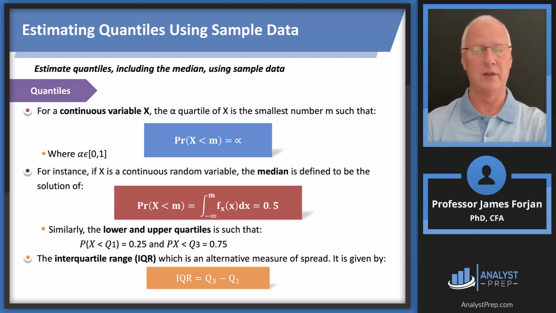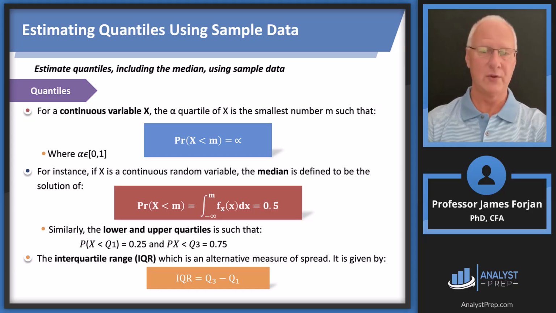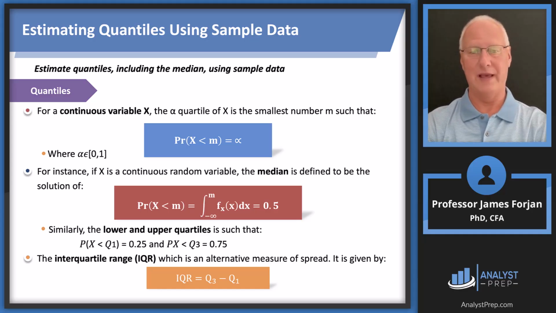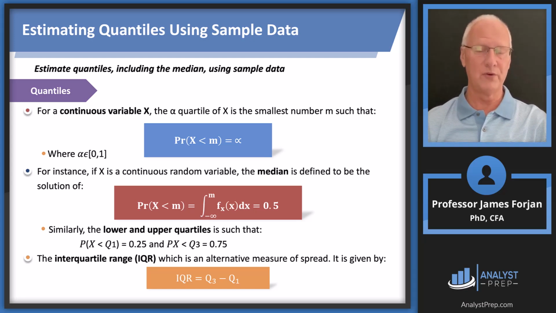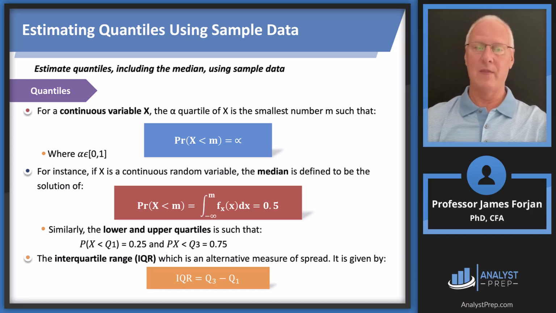And so if you look in the red box in the middle, if we have a continuous random variable, we can find a solution for the median. And so that median is 50%, right? Half on this side, half on that side. If in fact it's a normal distribution, then of course the mean is 50% this way and 50% that way. And then the quartiles, 25, 50, and 75, we can compute that interquartile range.